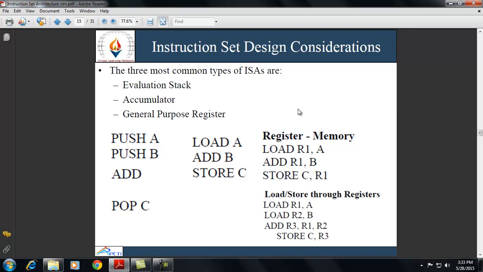Now, the 3 most common types of ISAs are evaluation stack, where the operands are implicitly on the top of the stack; accumulator, where one operand is implicitly the accumulator; and general purpose registers, that is GPR, where all operands are explicit, either registers or memory locations.